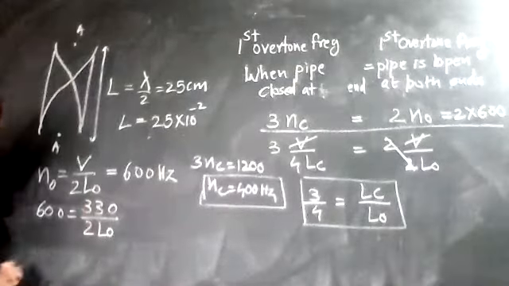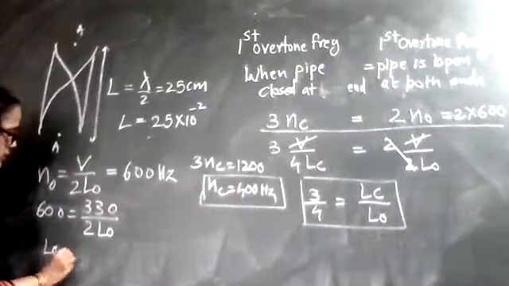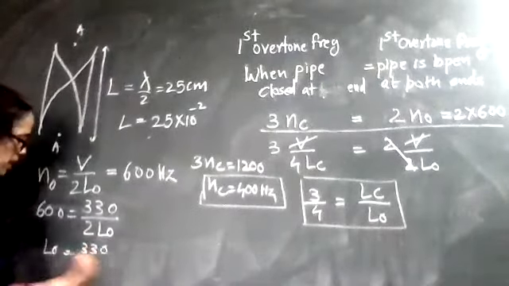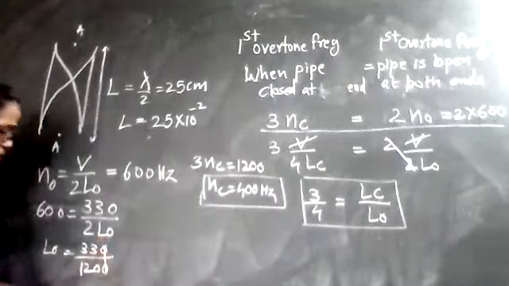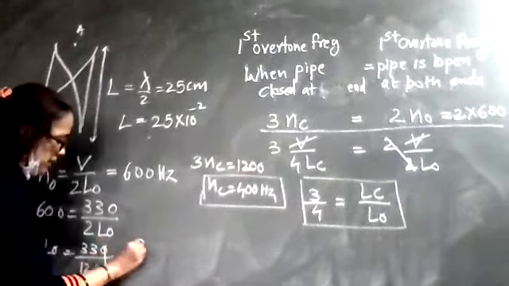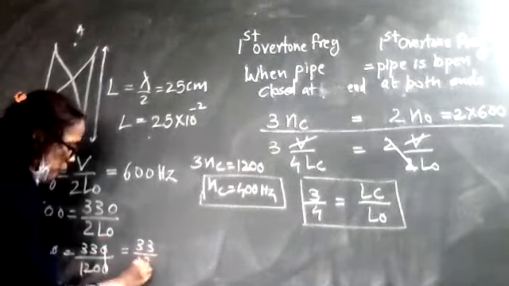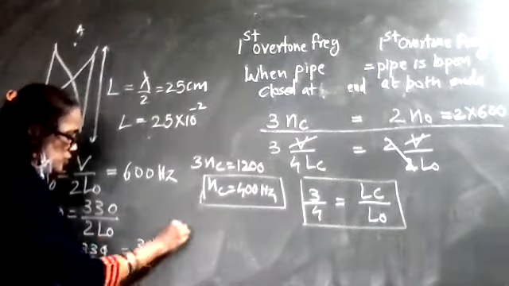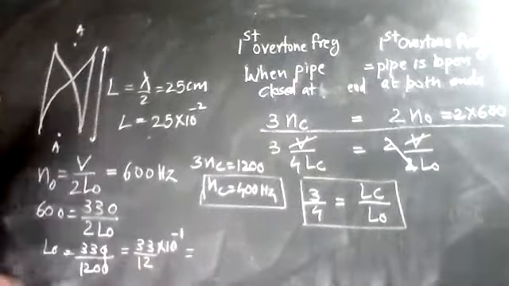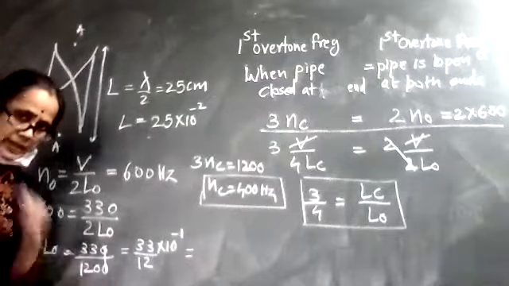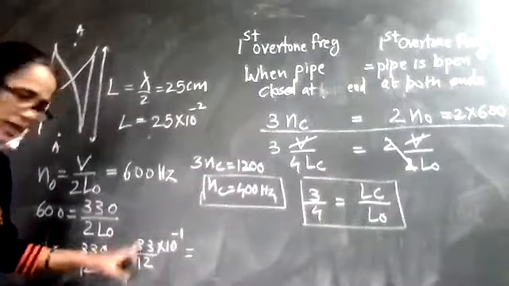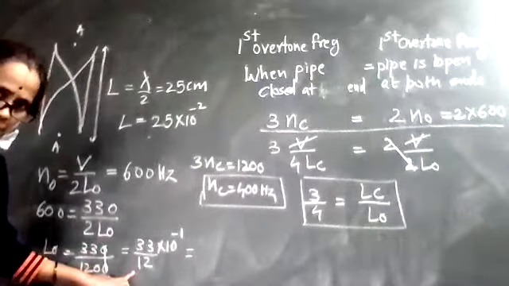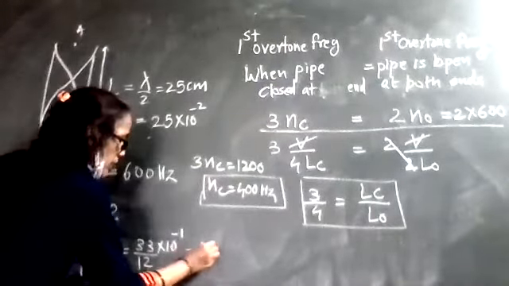Means I can write L0 equal to 330 upon 1200. So one zero will get cancelled, and I am getting 33 upon 12 into 10 raised to minus 1. 10 will go into the numerator, power will become minus 1. Now I can do this division. Is it right? So I will say 0.2.